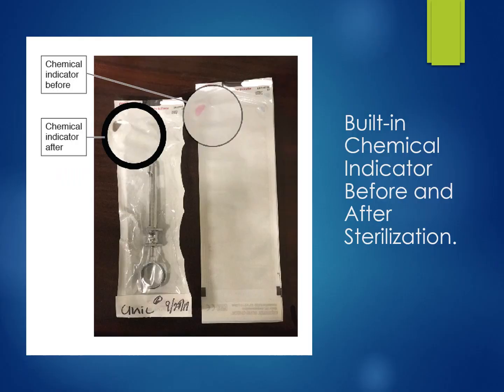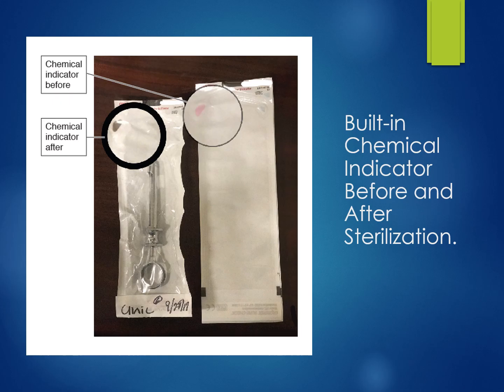Once a sterile package has been brought in front of a patient, we do not open that package until we are right in front of the patient so they can see us open and make sure that that package of instruments has been sterile and has been opened just for them.